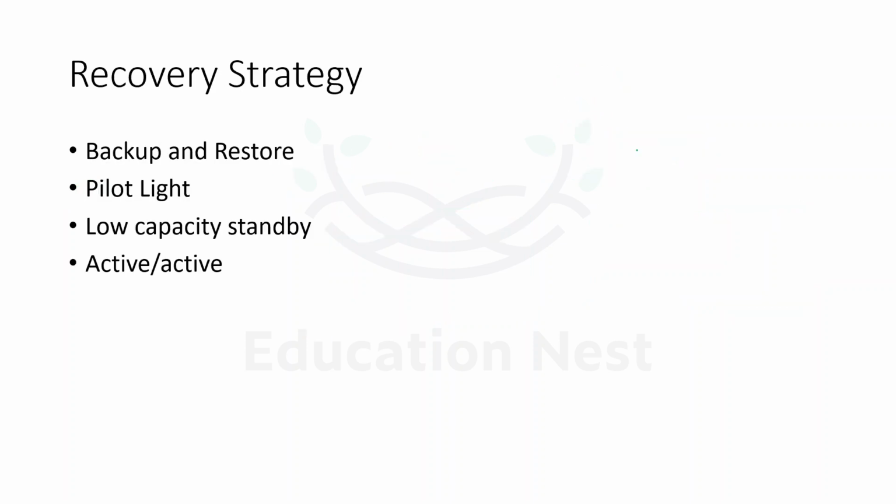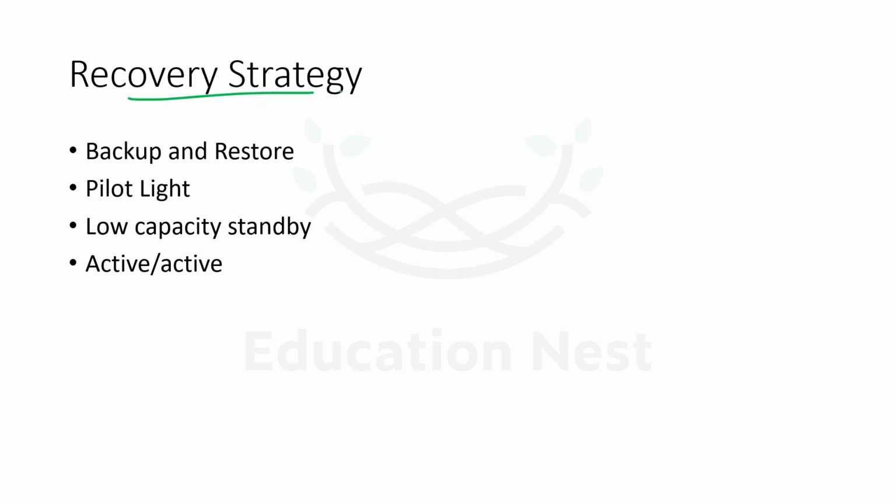And those are called recovery strategies. So what are these recovery strategies? These help us to recover from the disaster. It helps us mitigate the disaster. So when will we have these strategies? When we anticipate a disaster. So this should already be created before the disaster happens.